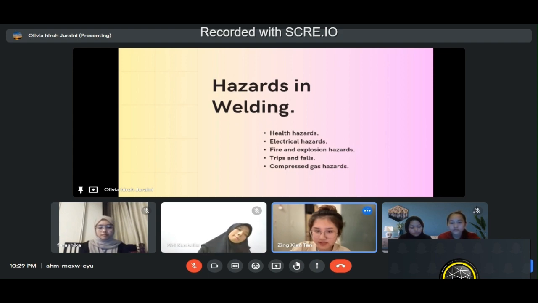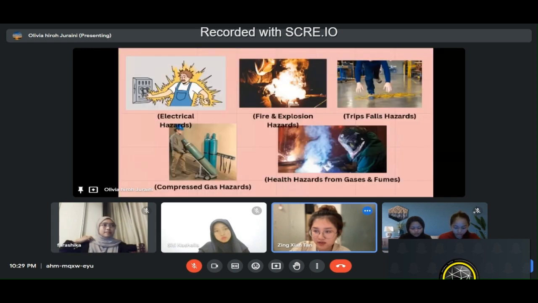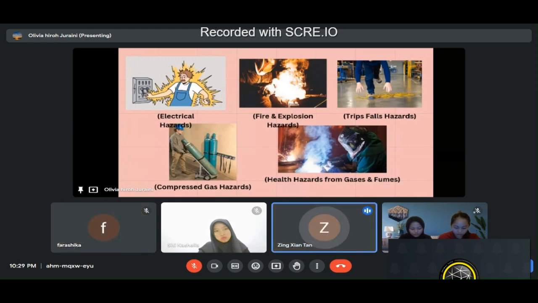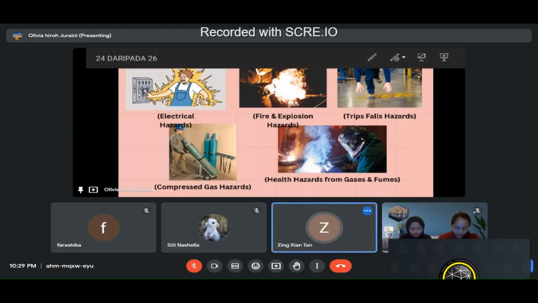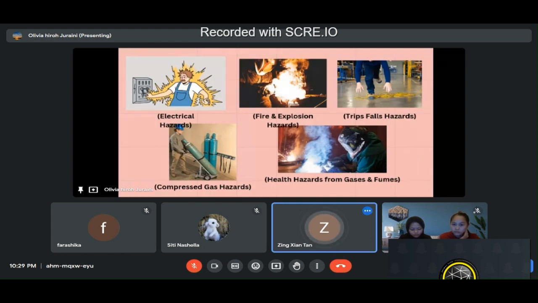And the electrical hazard. The welding process generally uses low voltage, but there is still a danger of electrical shock caused by wet work areas, cramped workspace, poor cable insulation, and faulty machines. And the next hazard is fire and explosion hazard.